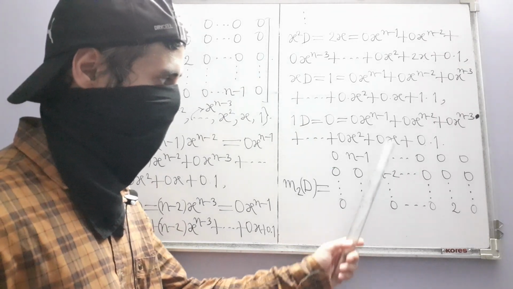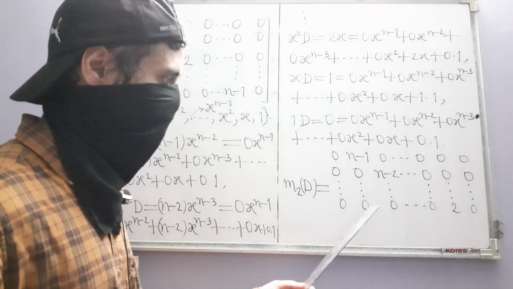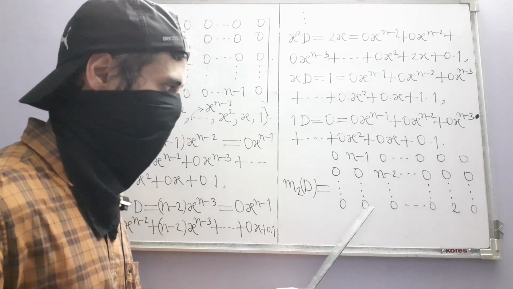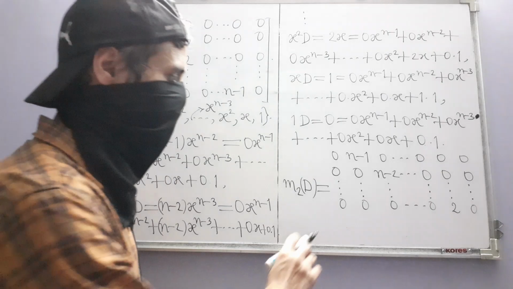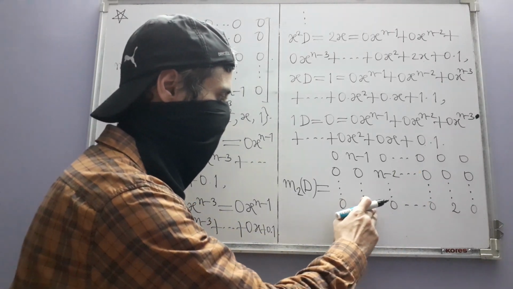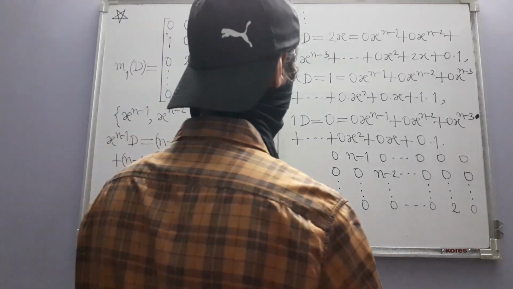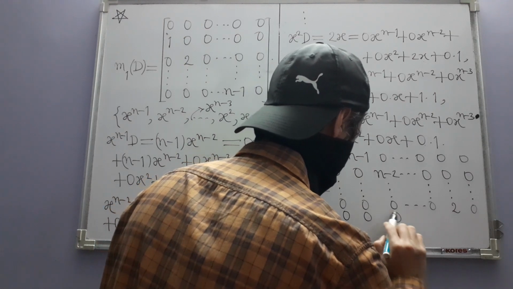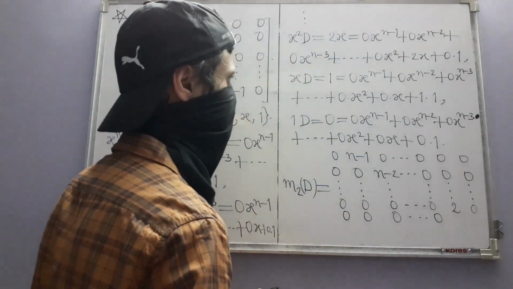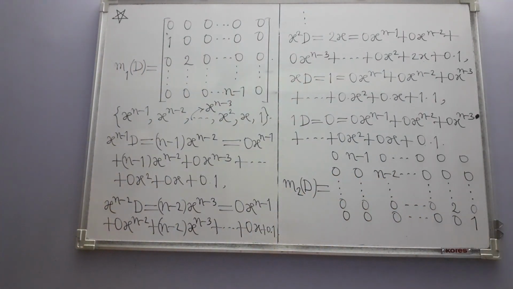Here we have dots because we have not written the other intermediate columns. But here you have a column and the very previous column is this itself. So no dots will appear here. But in a frenzy of writing dots, we may end up writing dots here as well. That is also a mistake. Then the derivative of x will be 0, 0, 0, 0, 0, 1. And there is one more row which corresponds to the derivative of 1, where everything is 0.